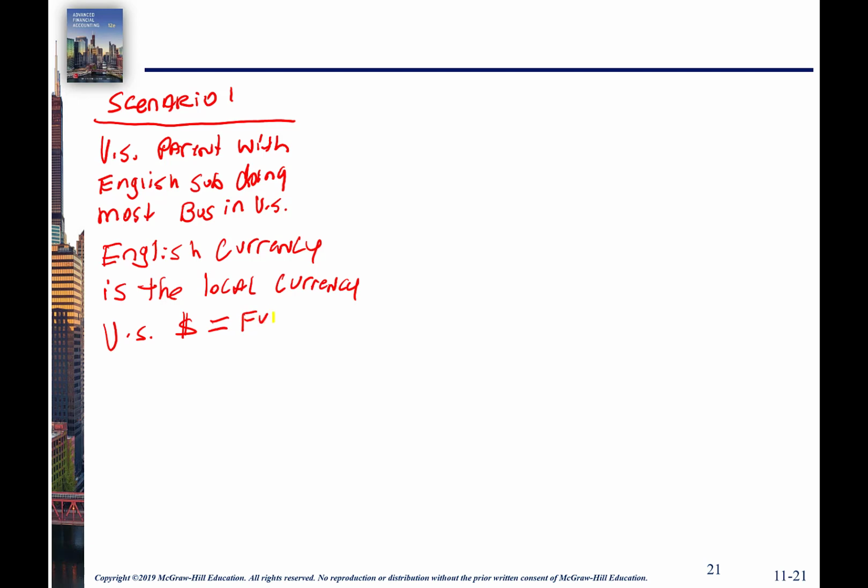Remember, we said functional currency is where you do most of your business, and since they're doing most of their business with the US parent, the US dollar is the functional currency and it is always the reporting currency.